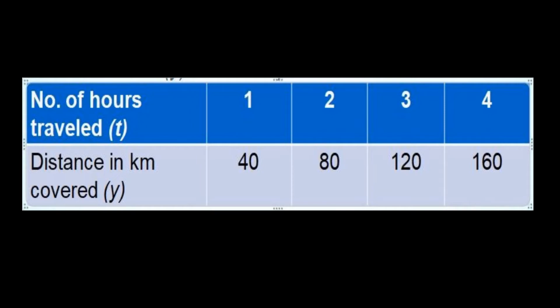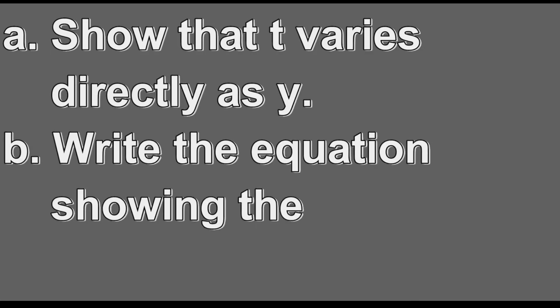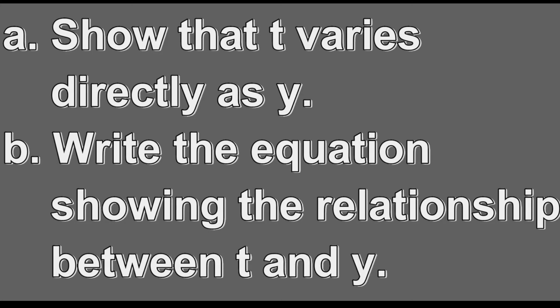At the second row is the distance in kilometers covered. So we have 40, 80, 120, and 160. Questions. Letter A. Show that T varies directly as Y. Letter B. Write the equation showing the relationship between T and Y.